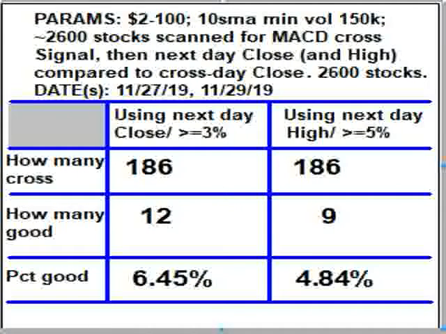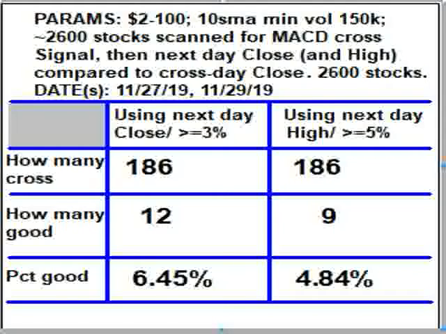Okay, the parameters that I was using for the scan, you can see at the top: stocks priced $2 to $100, with minimum volume based on a 10 SMA of 150,000 shares a day. That resulted in about 2,600 stocks.